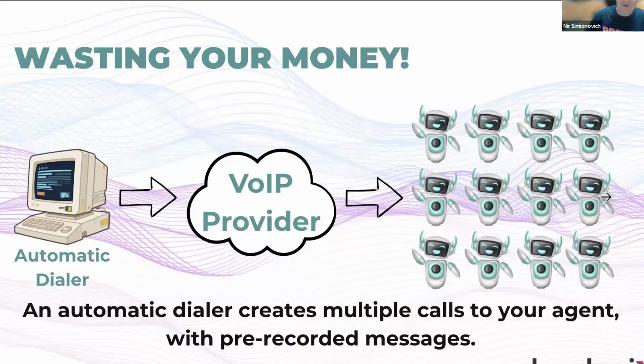So what is the classic way where AI agent owners lose money? I call this wasting your cash. This normally happens when you have a competitor that wants to harm you.